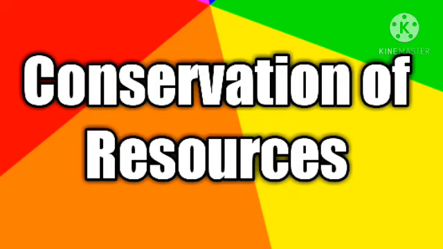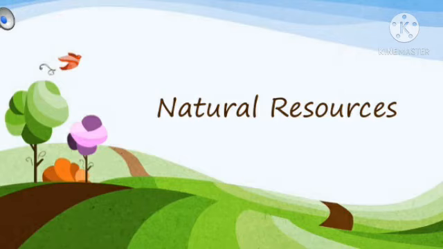Conservation of resources. Careful use of resources is called conservation of resources. Natural resources are decreasing day by day. They need to be sustained, or it calls for sustainable development.